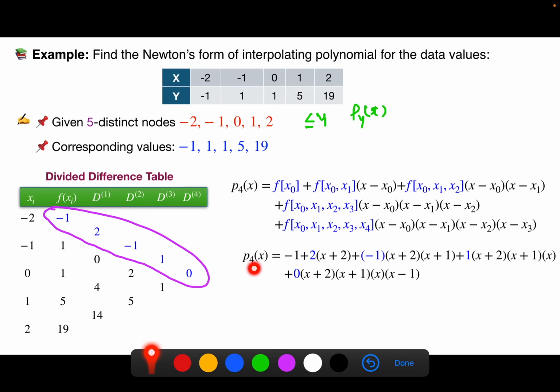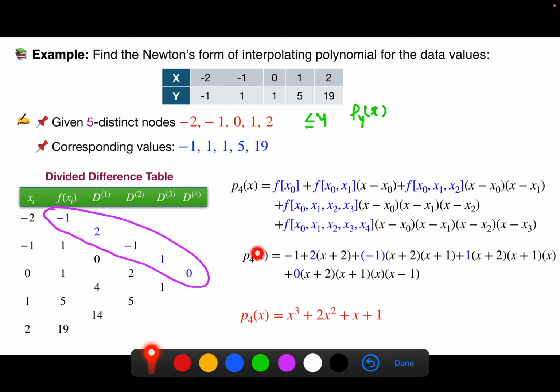Substituting these values, we get P4(x) as, you can see here, this -1 value means f(x0). This is the first order divided difference, second order divided difference value, third order divided difference value, and this is the fourth order divided difference value. Since the last coefficient is 0, the final term disappears.